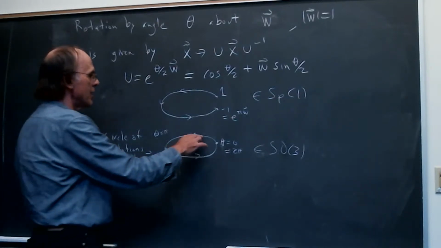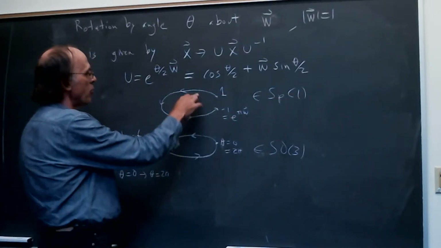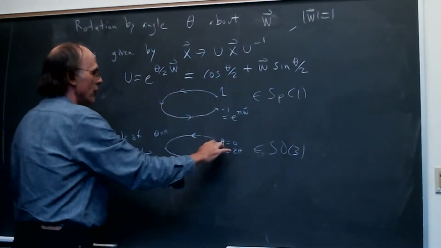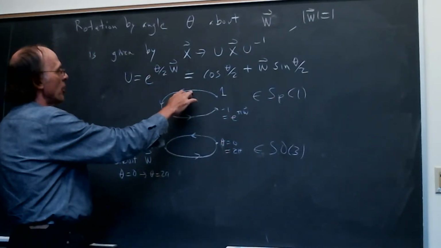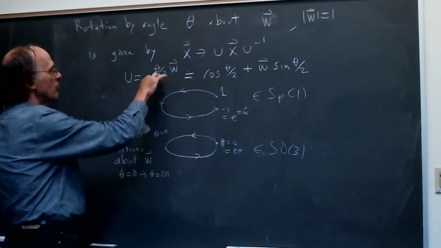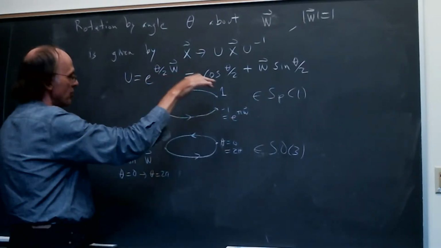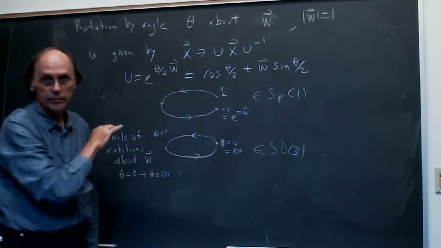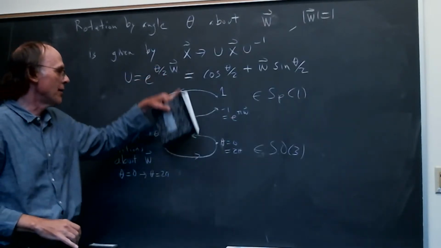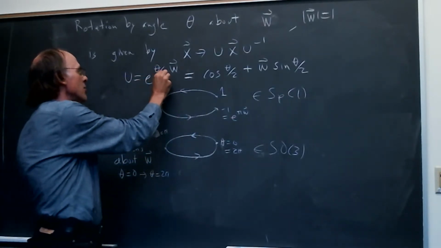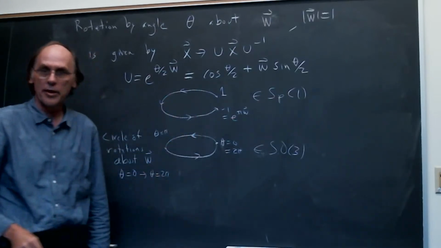Each point down here is going to correspond to the point up here with theta over 2, and the point up there with theta over 2 plus pi. So it's this 2 that causes the double covering.